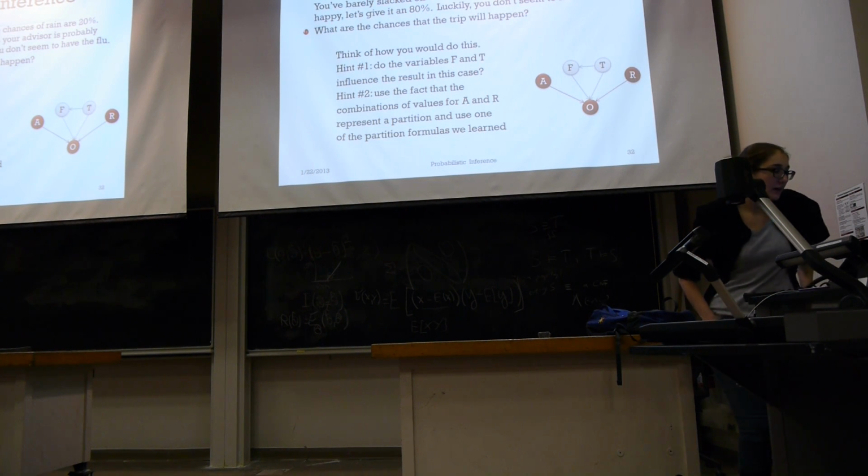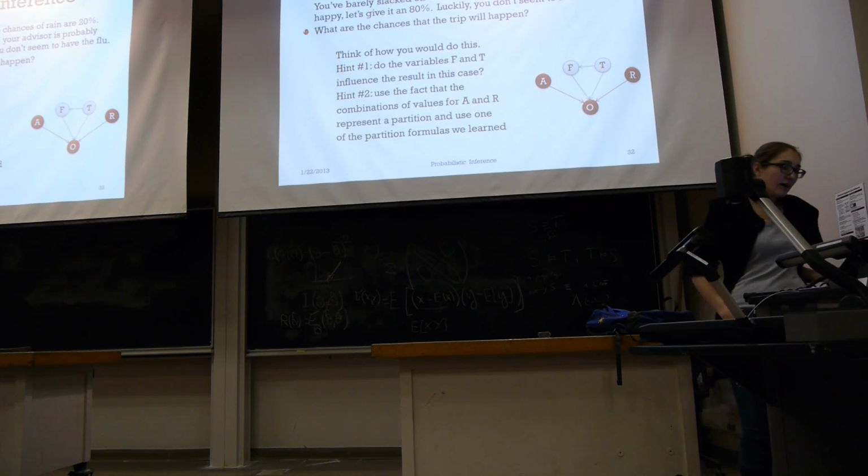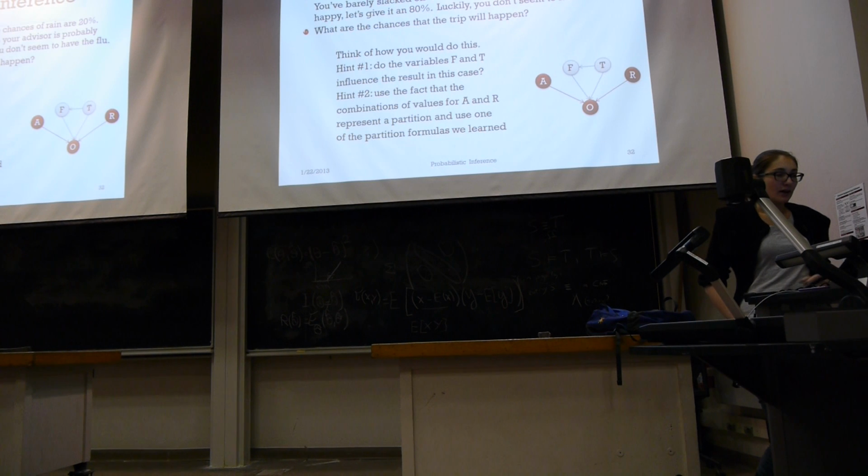So now let's see a realization of this. Let's say the weather forecast predicts a 20% chance of rain, and there's an 80% chance that your advisor will be happy with your progress, and you do not have the flu. So now the problem that I give to you is, what are the chances that the trip will happen?